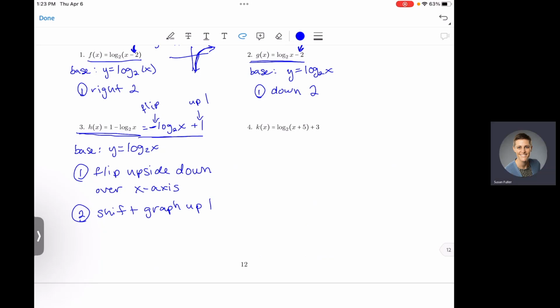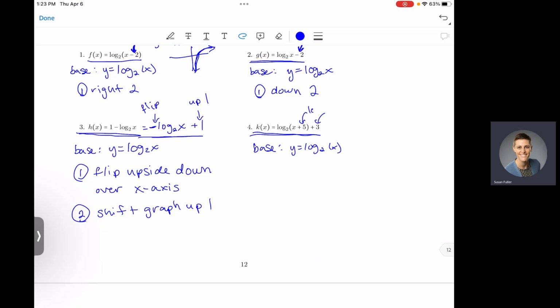All right, last one. K of x equals log base 2 of x plus 5 plus 3. Okay, again, our base is y equals log base 2 of x. The things that cause transformations here are the plus 5 and the plus 3. The plus 5 is inside with x, so that's going to shift us right and left.